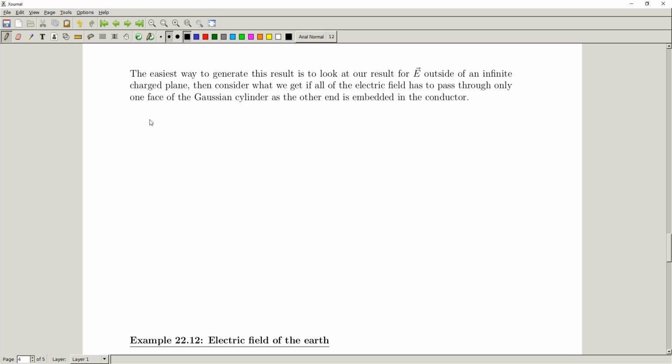We set it up so that the surface integral over all three of those surfaces of E dot dA, we broke up into three different sections, right? We had the integral over section 1, E dot dA, then the integral over section 2, E dot dA, and the integral over section 3, E dot dA.